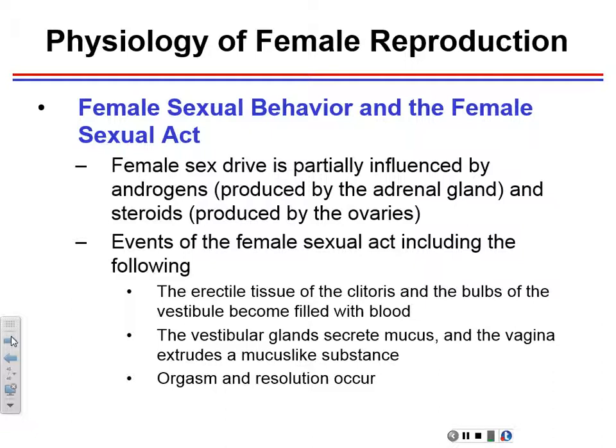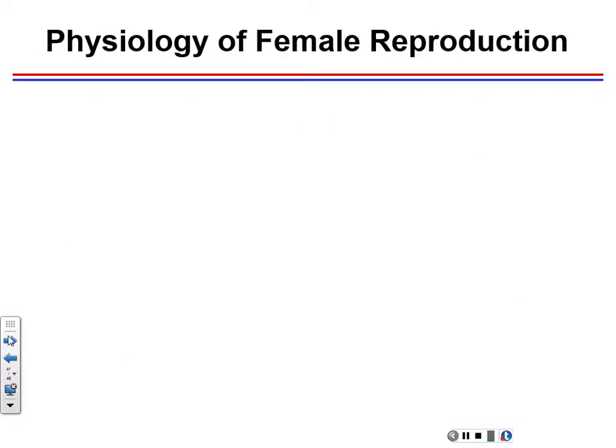But the female usually has multiple orgasms for starters, and the resolution phase is not really strict, because as long as you continue sexual stimulation, they continue to be stimulated and can reach multiple orgasms. Resolution occurs briefly, I guess, for the females. It differs among females too, how many orgasms they have. So that's more or less the same as the male, except the resolution stage is not as pronounced and definite as in the males.